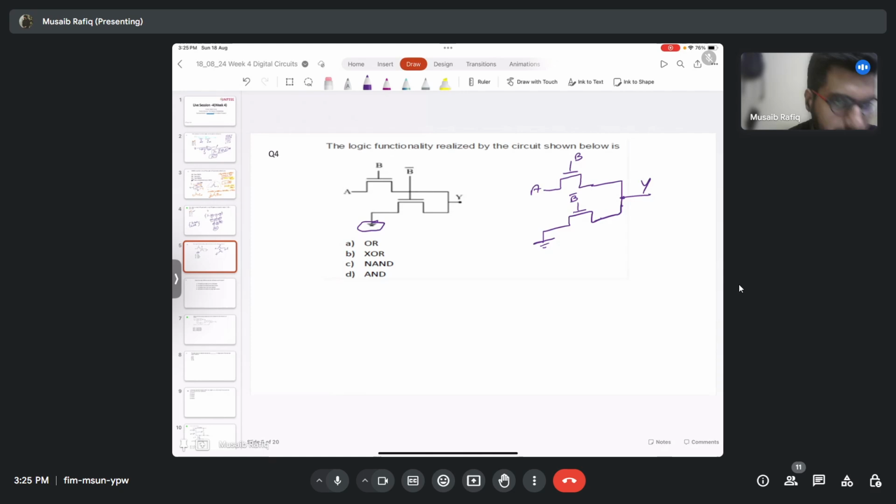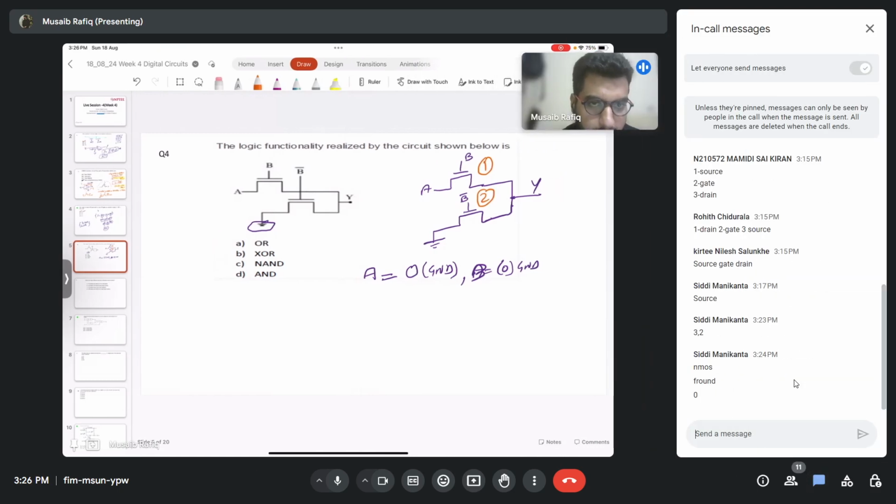Now let's do a step-by-step approach first. Two inputs are there, so four cases will arise. A equal to 0, that is ground, and B equal to 0, that is again ground. Let me term these transistors 1 and 2. When A equal to 0 and B equal to 0, will transistor 1, T1, be on or off?